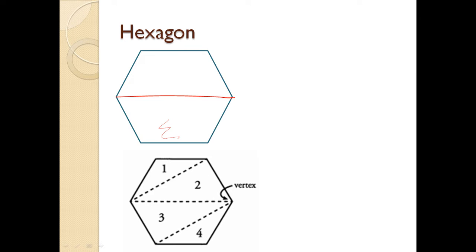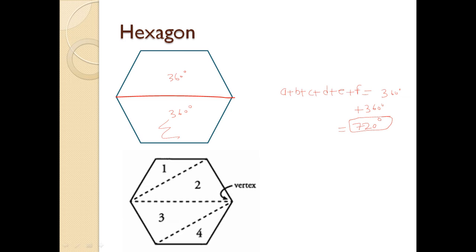We know the sum of all the interior angles of a quadrilateral is 360, and similarly this is 360. So the sum of all the angles of the hexagon, A plus B plus C plus D plus E plus F, will be 360 degrees plus 360 degrees, which is 720 degrees.